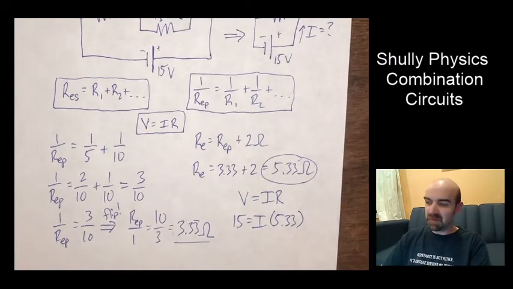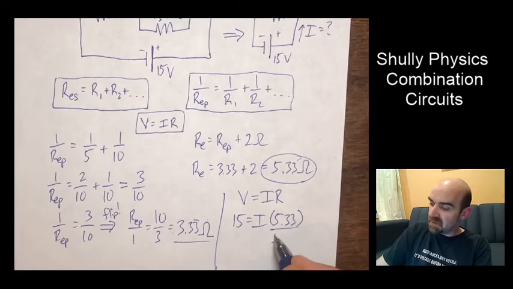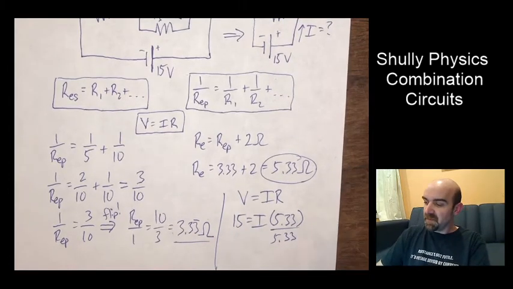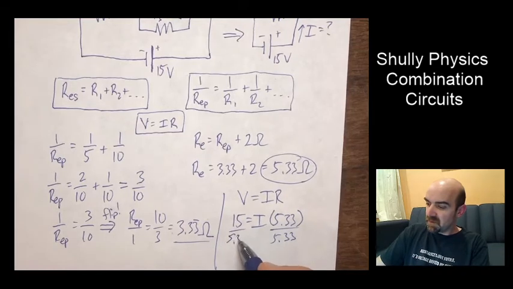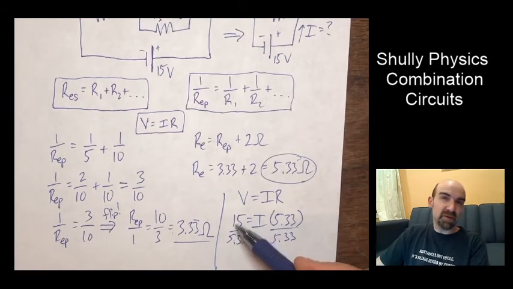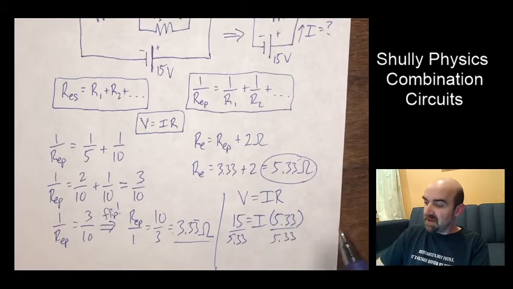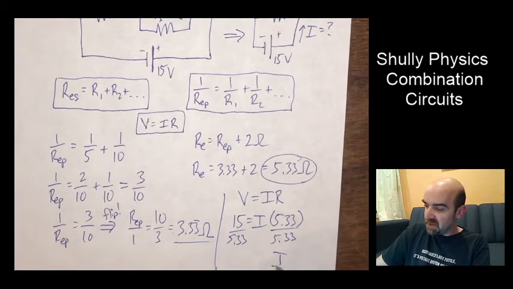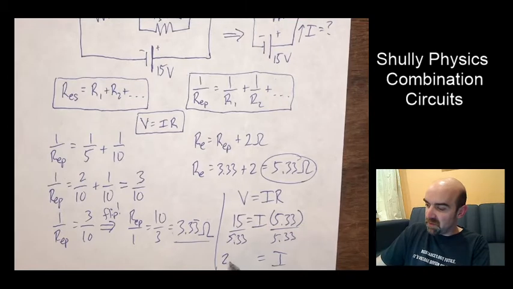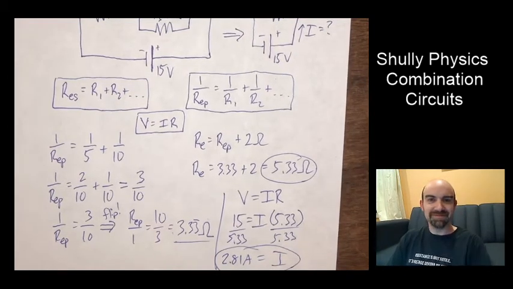So this part is kind of easy to solve. Plug them both in, divide both sides by that resistance. As you can see, 15 divided by 5 is 3, so we're going to get a value a little bit less than 3. And when you calculate that out, it comes out to 2.81 amperes. There's the current flow.